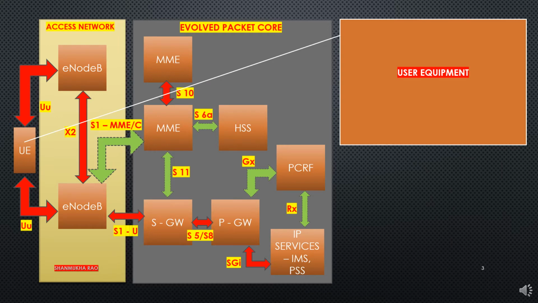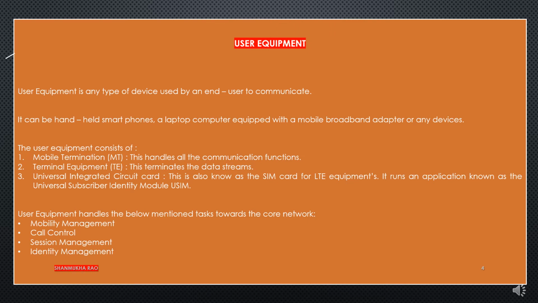Let's have a look at user equipments. User equipment is any type of device used by an end user to communicate. User equipments can be handheld smartphones, a laptop computer equipped with a mobile broadband adapter, or any other devices. The user equipment consists of three components.